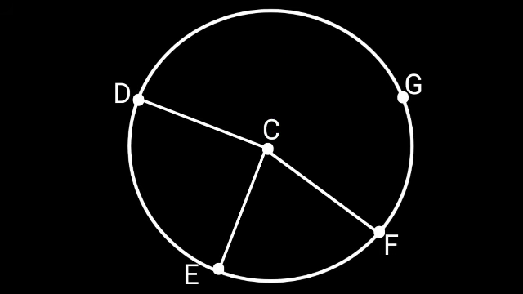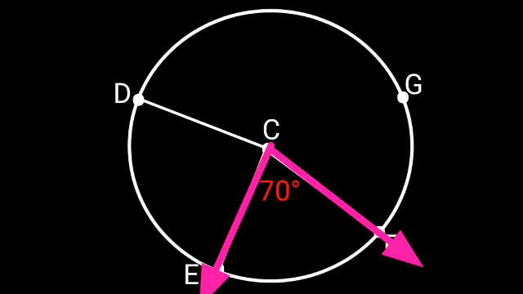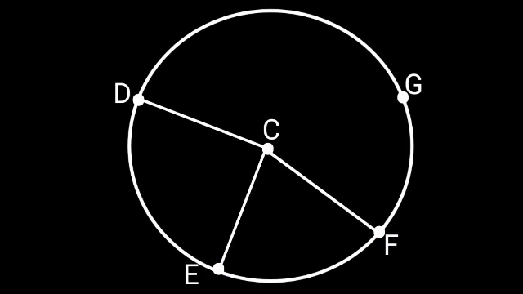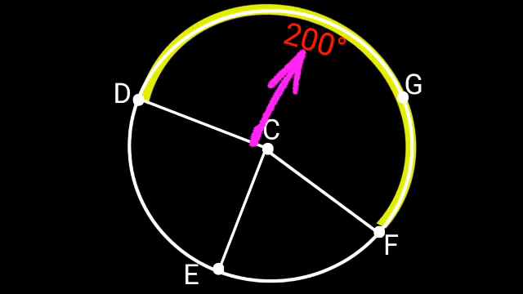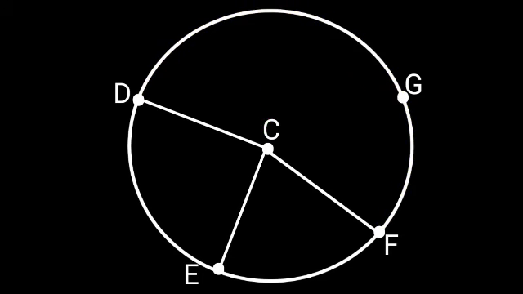C is the center of this circle. Points D, E, F and G are on the circle. We have been given angle ECF is equal to 70 degrees and the measure of arc DGF is given as 200 degrees.